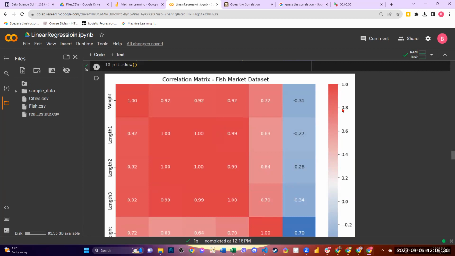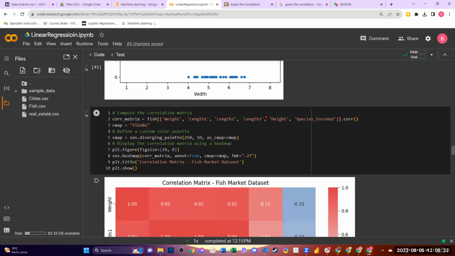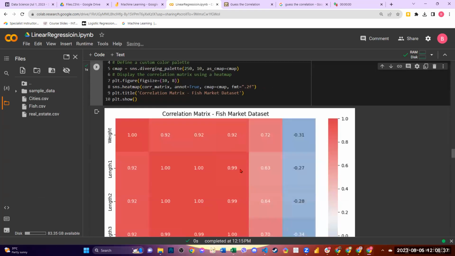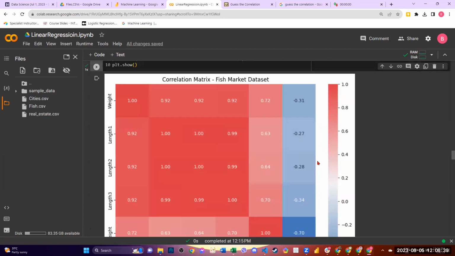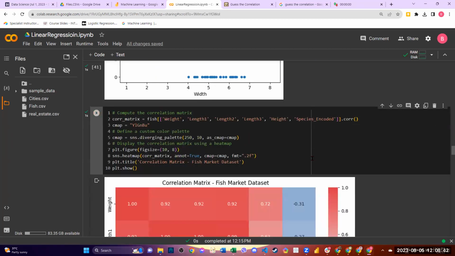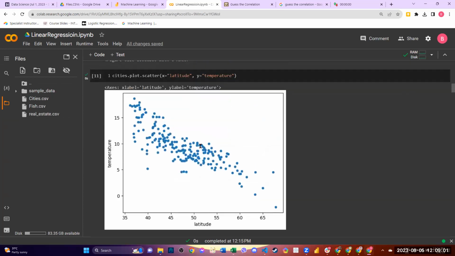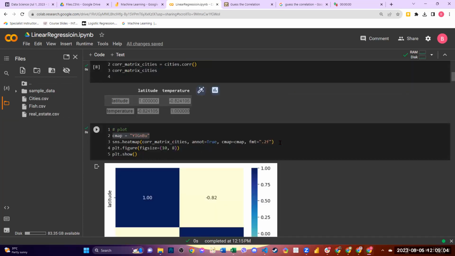If it is close to... The color is ugly, yellow, green, blue. It's sns that we are using here. Wait, what are we using here? Heat map.